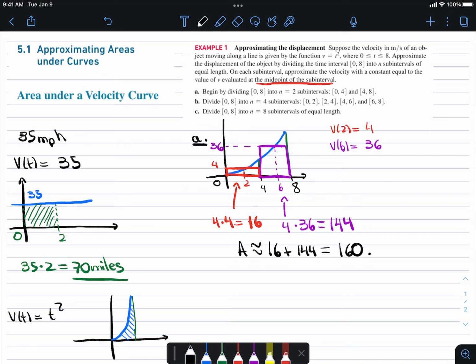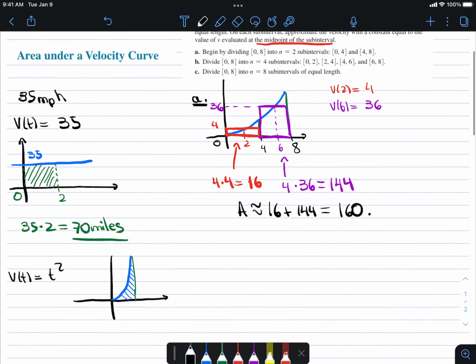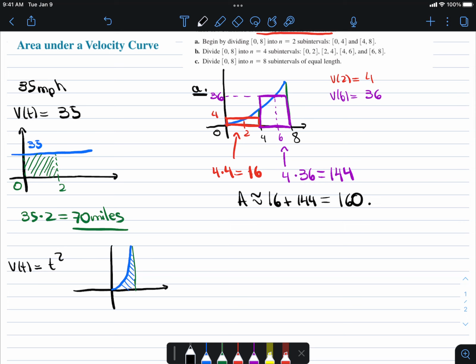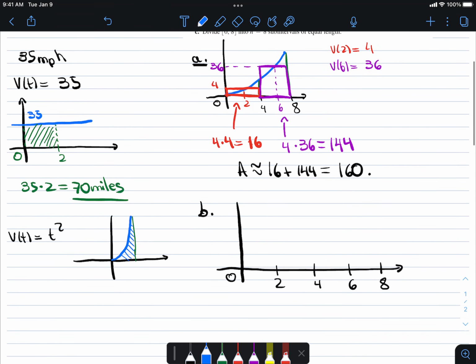Using those two subintervals, I can make my approximation better if I use more subintervals. So in this example, I could do B: from 0 to 8, I'm dividing into 4 subintervals now with the same length. And on each of those, I'm calculating the height by v of the midpoint. So the middle here is 1, so v of 1 is 1 squared, which is 1. So here I'll do height 1.